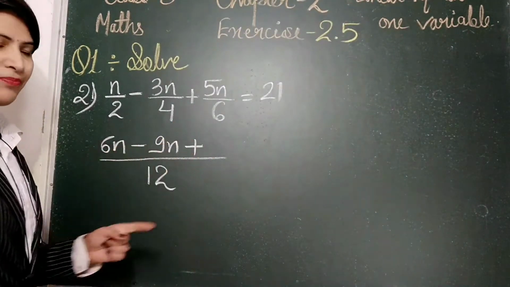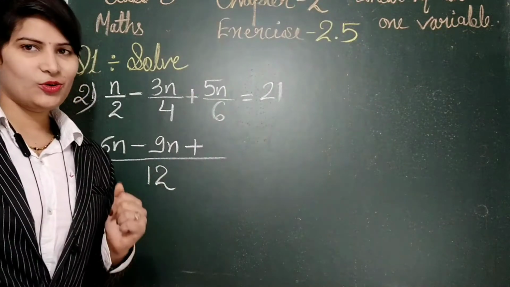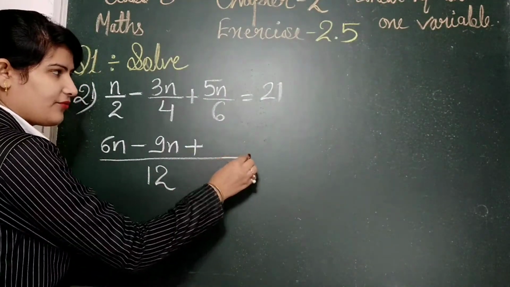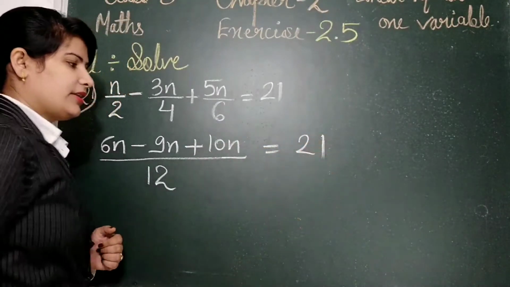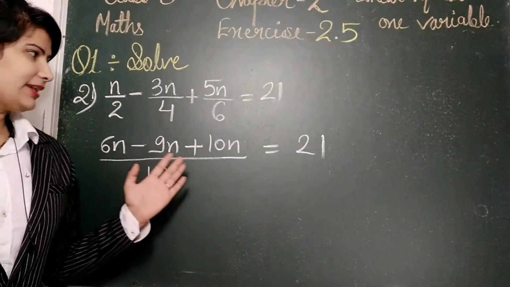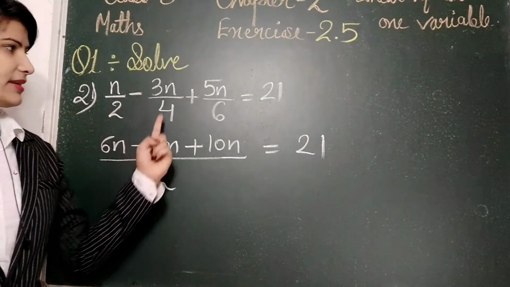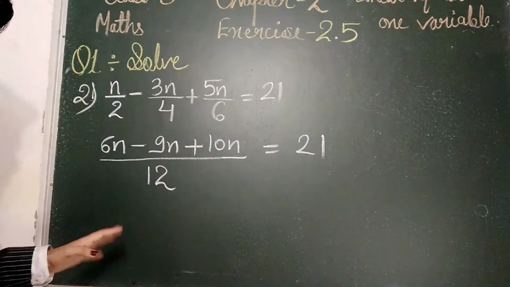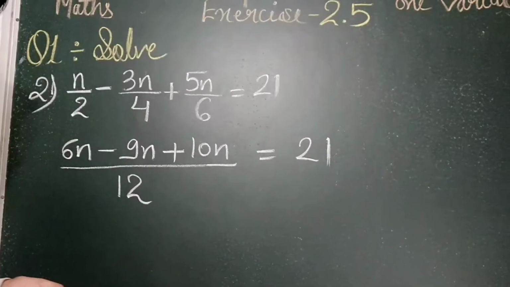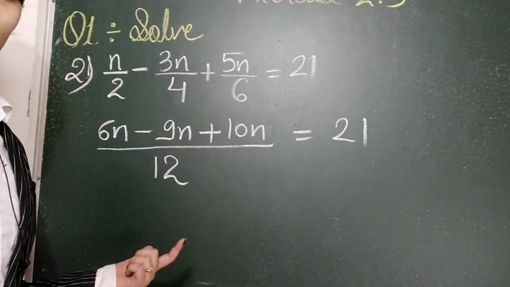Now again 12 divided by 6, you will get 2, and 5 twos are 10n. No need to write directly. Some people directly do n minus 3n plus 5n and solve, but in LCM this is different.